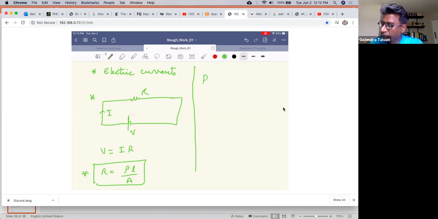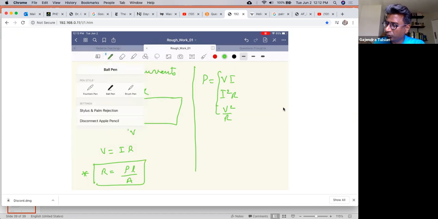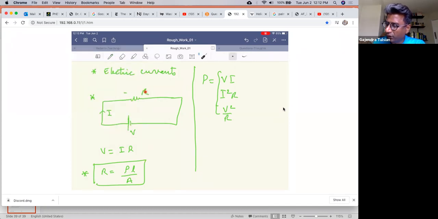The power was given by V times I, or I squared R, or V squared over R. So if you wanted the power dissipated across this device, you measure the voltage across this device times the current through this device, and that gives you the power dissipated there, or I squared R, or V squared over R.